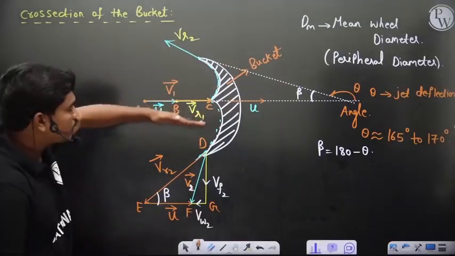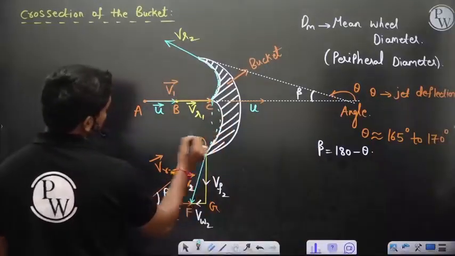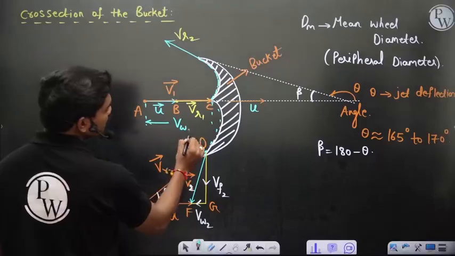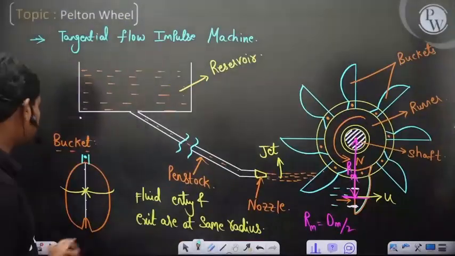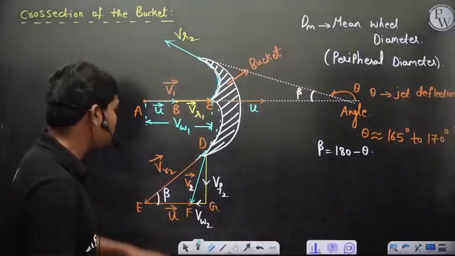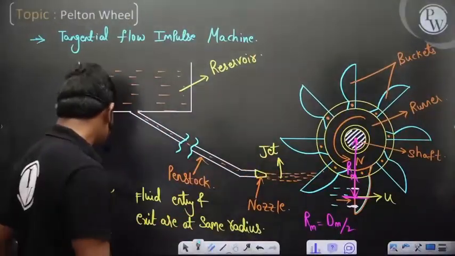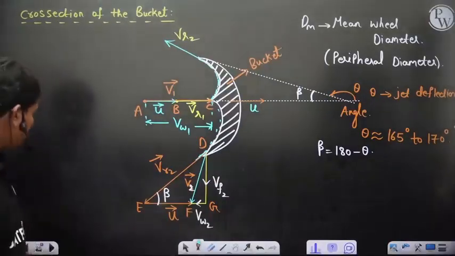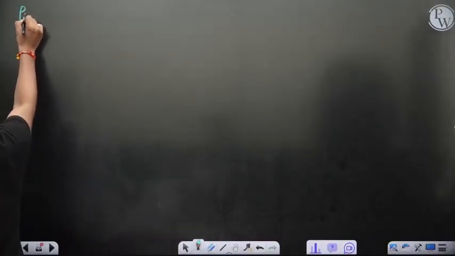Ultimately, the total here is VW1, because the velocity itself is purely in the tangential direction. That's why I call this a tangential flow impulse machine, because the fluid is going exactly as a tangent to the machine. So at the inlet, definitely the complete velocity is tangential. Now let us do some mathematical analysis. First, the power developed by the turbine.